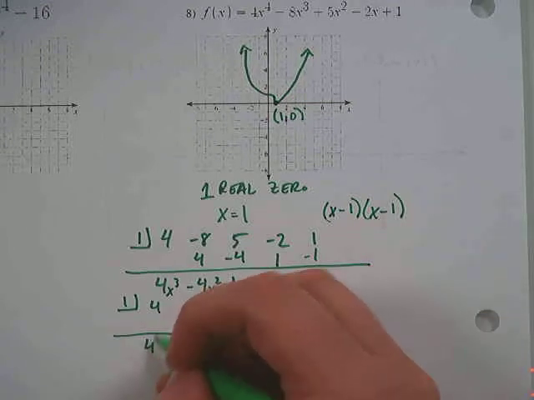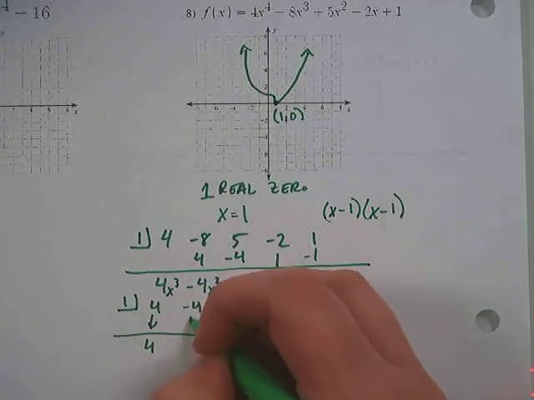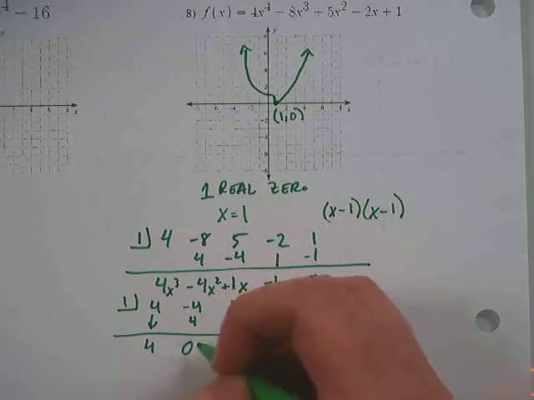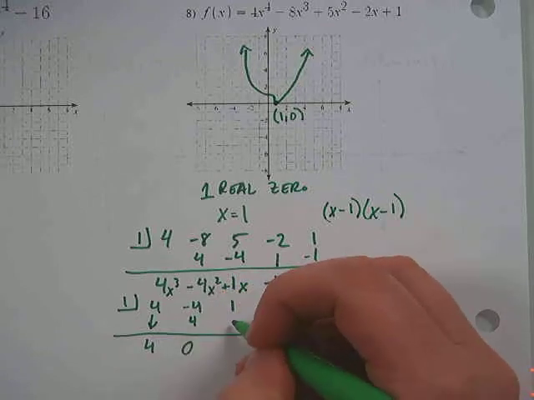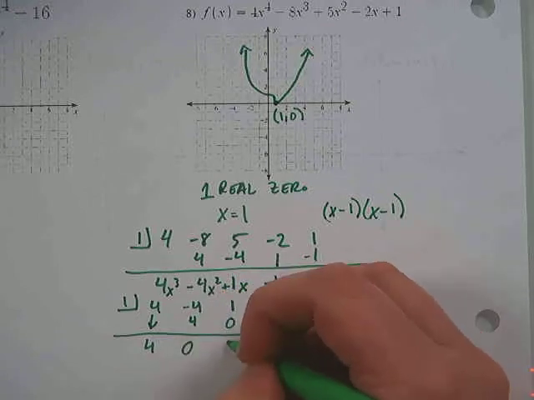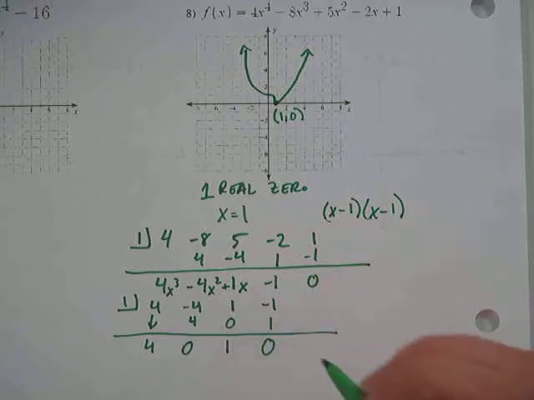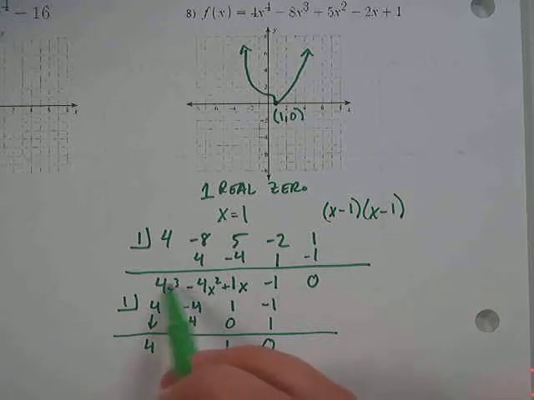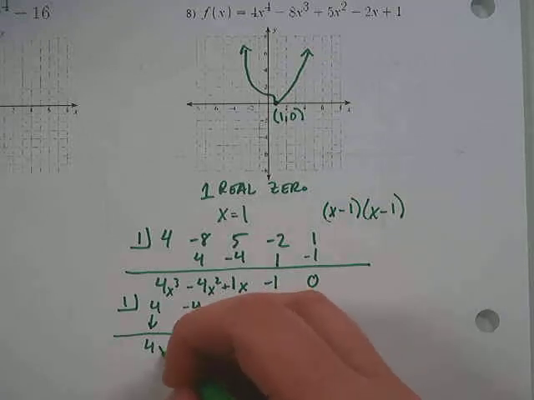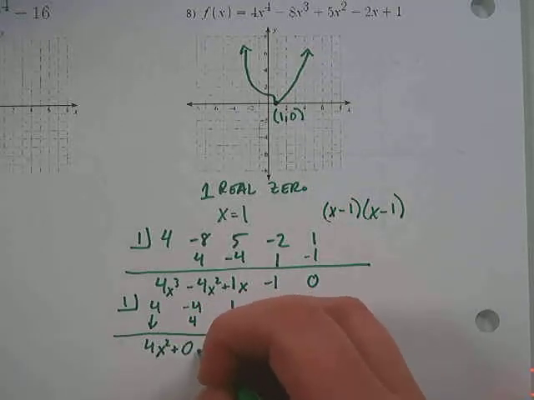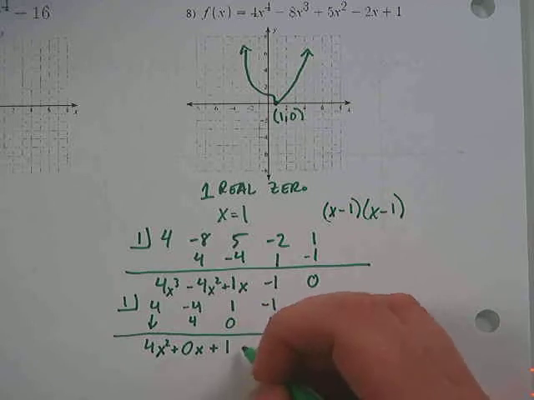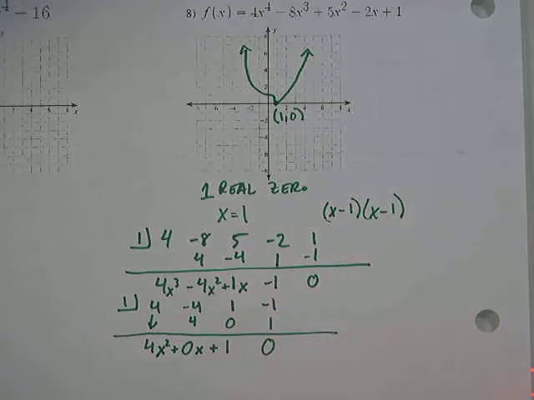So we bring down the 4, and we multiply. We get 0, and 0 times 1 is 0. 1 times 1, and then -1 plus 1 is 0. So now we're bringing it down a power from this equation, and this was a cubic. So this is going to be x squared, and then we have 0x, and then our constant term, and there's no remainder.